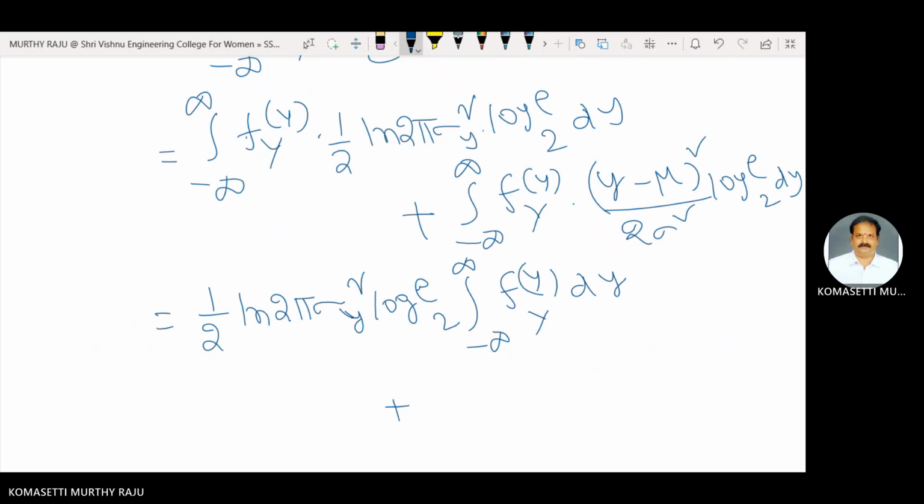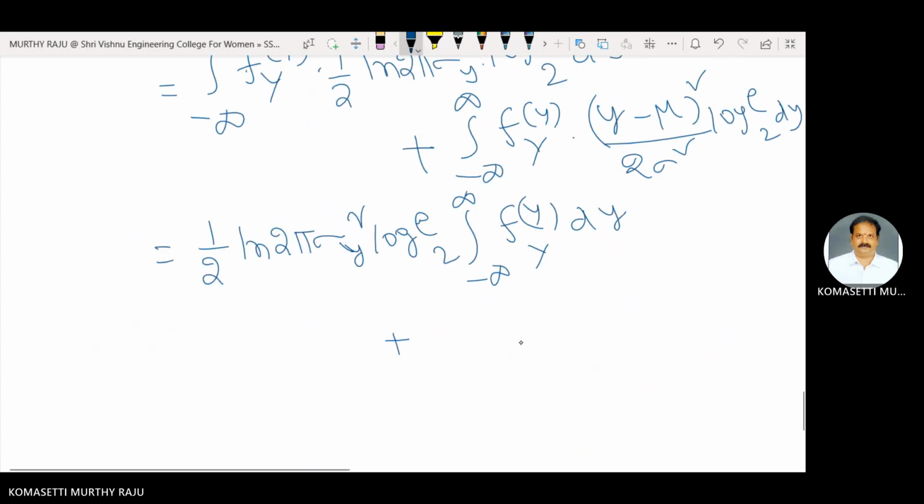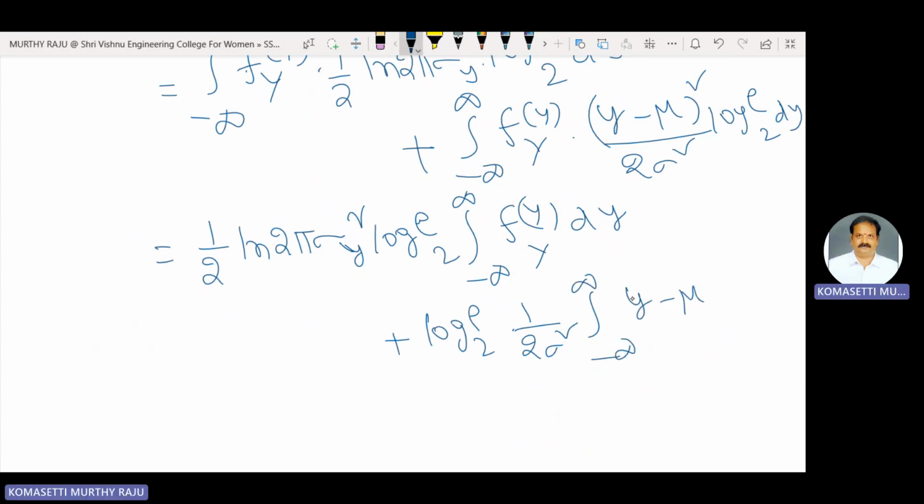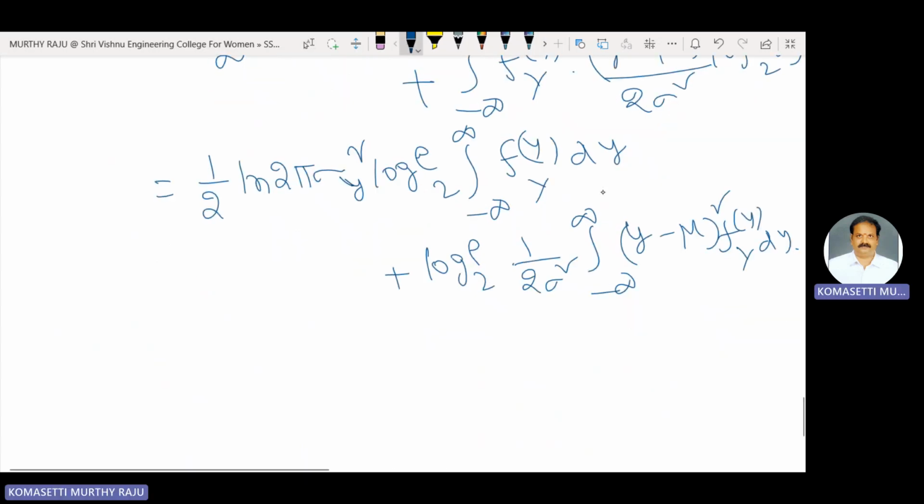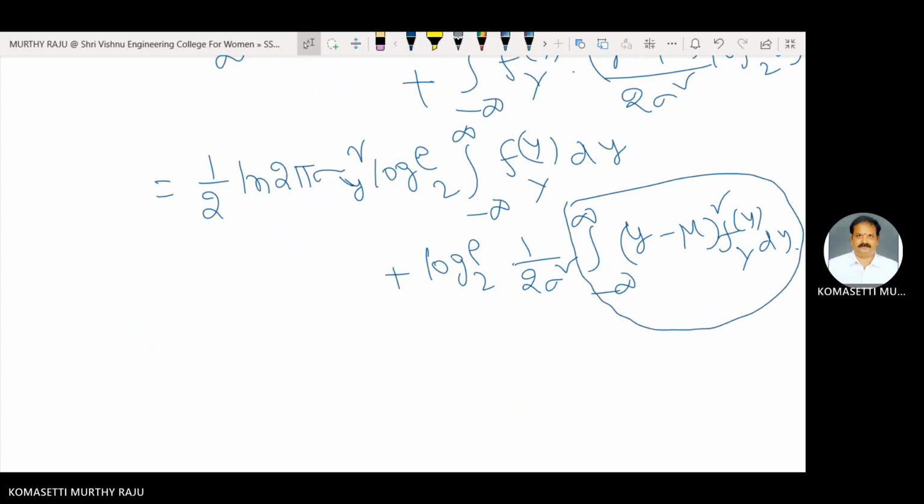plus log e to the base 2, 1 by 2 sigma square, integral minus infinity to plus infinity (y minus mu) whole square f of y dy. This entire one is sigma square.